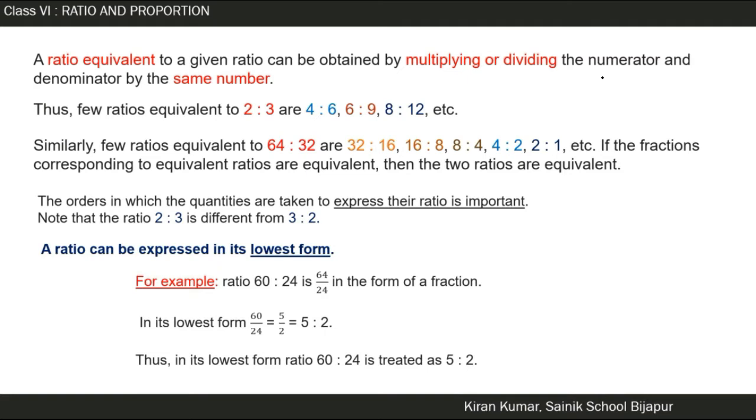For example, 60 is to 24 is 60 upon 24, again I made a mistake here, 60 upon 24, it's not the lowest form. To express in lowest form, we'll divide 60 by 12, 5 times, 24 by 12, 2 times, 5 is to 2 is the lowest form of 60 is to 24.